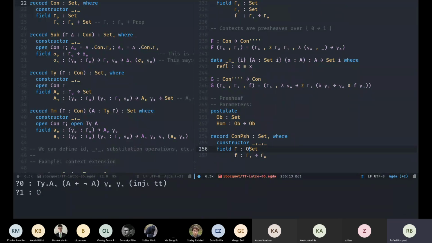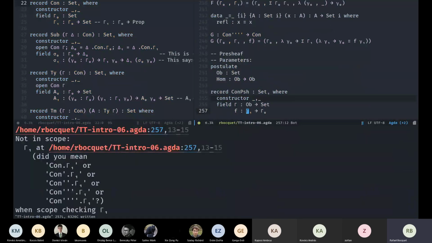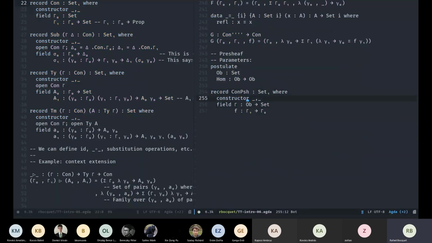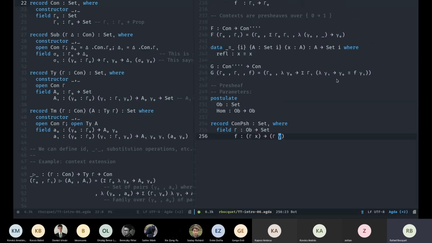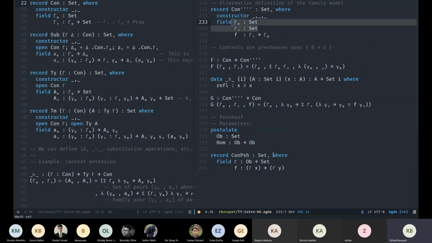And in a pre-sheaf model, we'd have a set like this for every object in this parameter, in this set of objects.